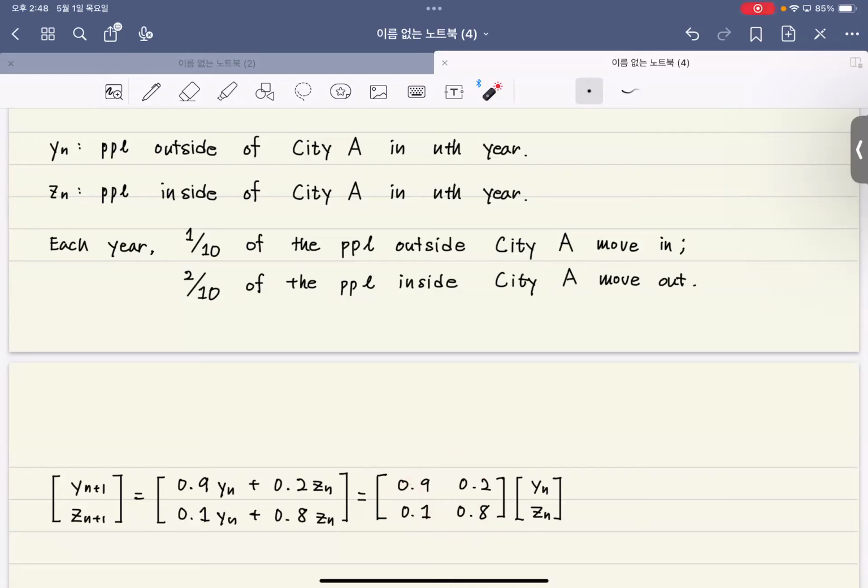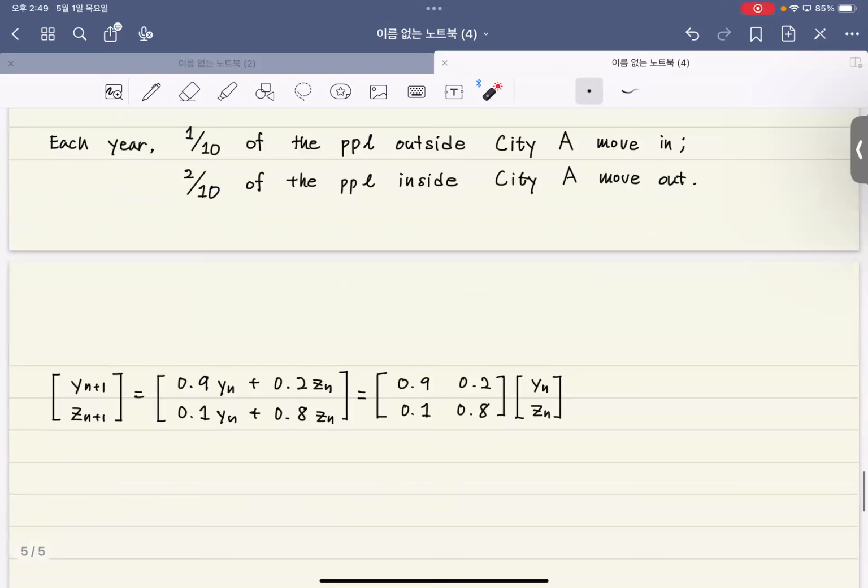This guy plus this guy is 1, and this guy plus this. This is what we call a Markov chain. A Markov chain consists of a bunch of vertices, a bunch of states, and for every turn, the population on each of these vertices moves in or out from one vertex to another. In that case, can you figure out the population in the nth turn? That is a very typical question in Markov chain problems, and this is one such example.